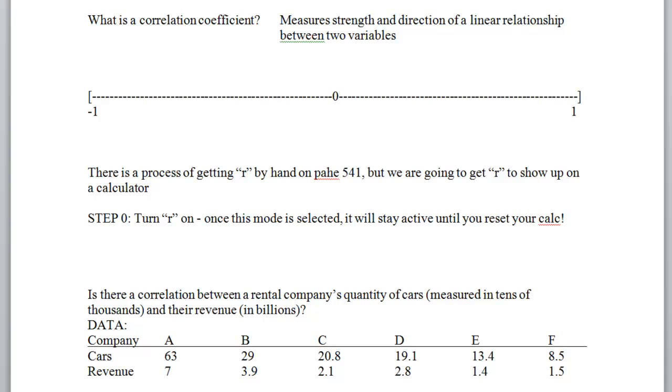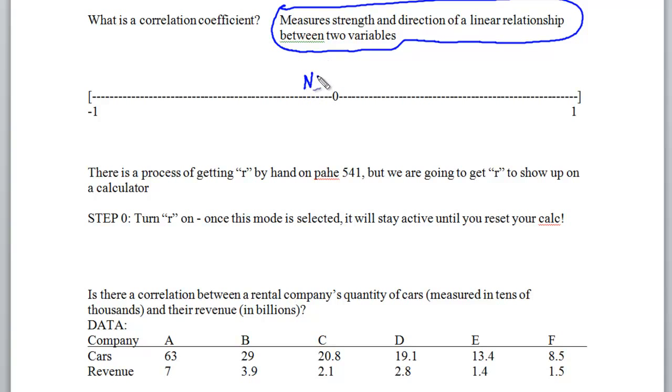All right, a correlation coefficient measures the strength and direction of a linear relationship between two variables. And the best way to think of a correlation coefficient is a positive or negative percentage. For example, if you had a scatter plot of just random dots, your value would be 0, no correlation.